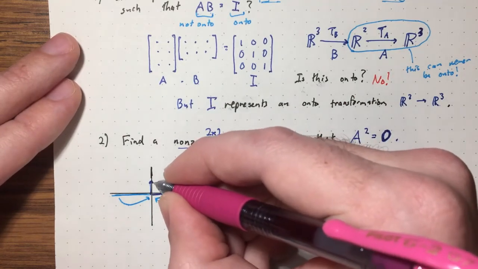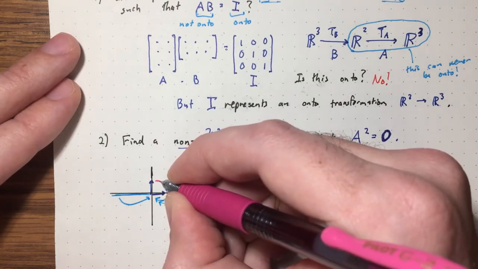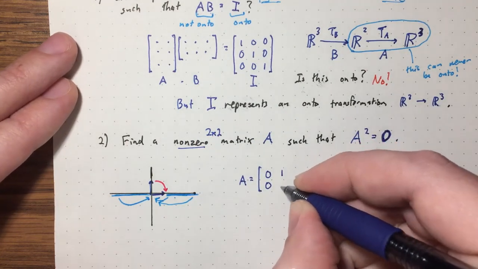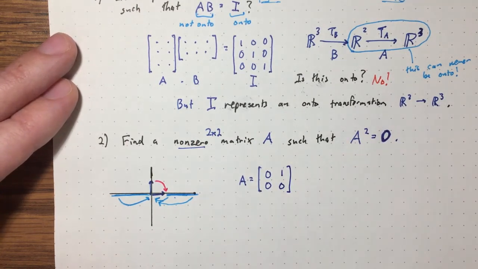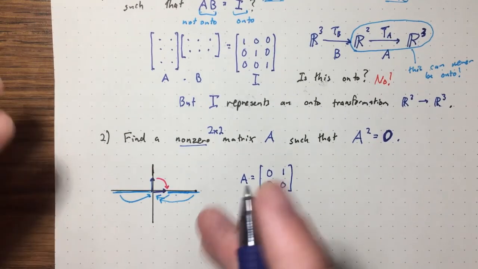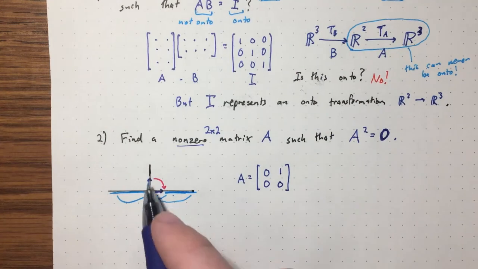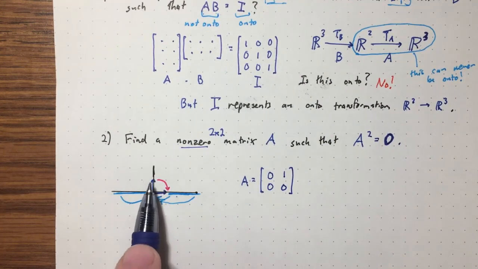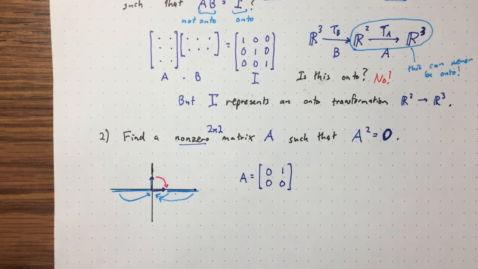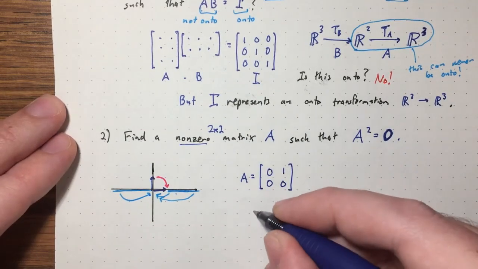Where do I want this vector to go? I'm actually going to send that vector to the point 1, 0. Okay? So you see what I'm trying to do here? I'm collapsing things this way to the y-axis, but then I'm sending the y-axis at the same time onto the x-axis. So then what's going to happen if I do this twice?